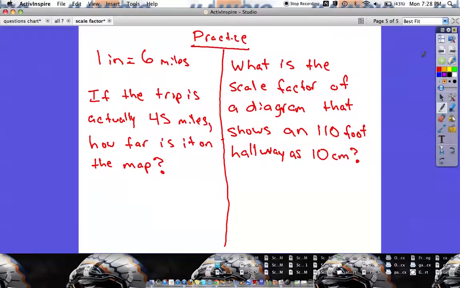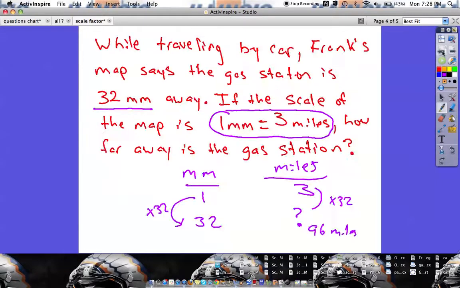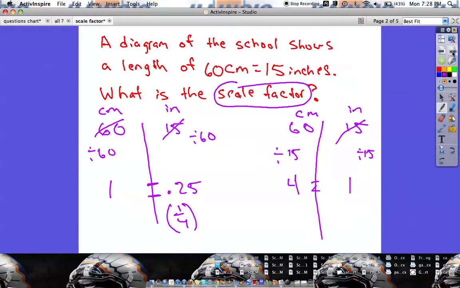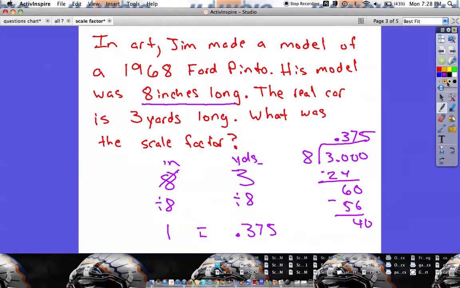What we basically did is 2 types of problems. In the first problem, you actually got the scale factor, and you had to answer a question using it. In the middle two problems, which didn't come out as evenly as I wanted, but that's not a big deal, you had to figure out the actual scale.